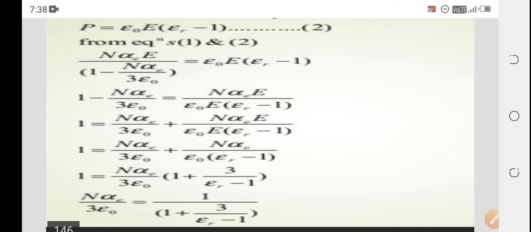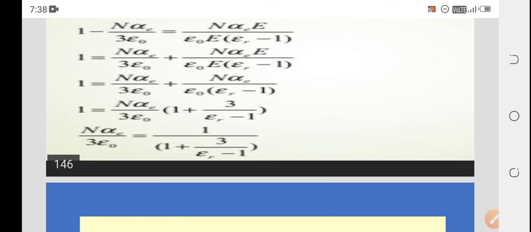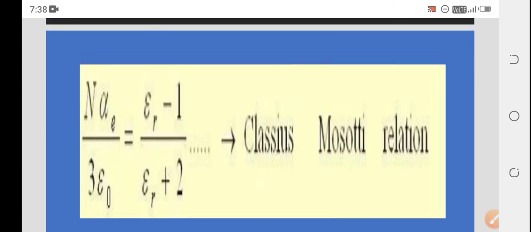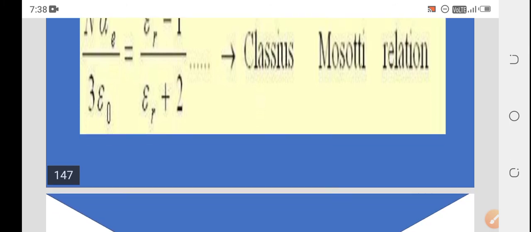Therefore n alpha E by 3 epsilon naught equal to 1 by 1 plus 3 by epsilon r minus 1. Further, n alpha E by 3 epsilon naught equal to epsilon r minus 1 by epsilon r plus 2.